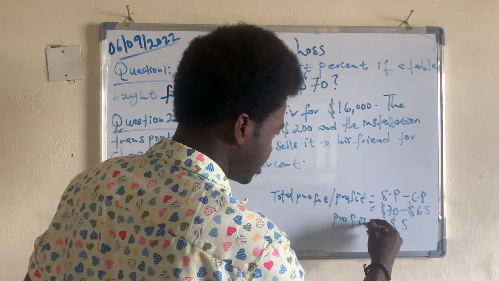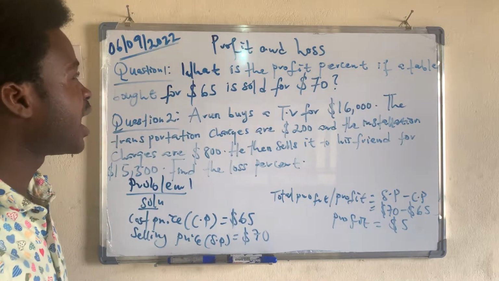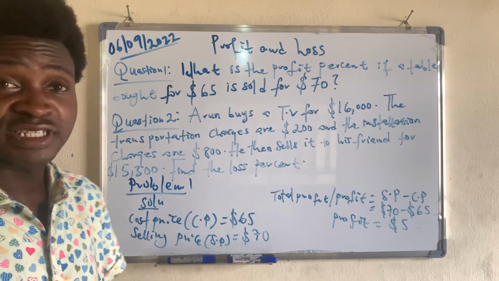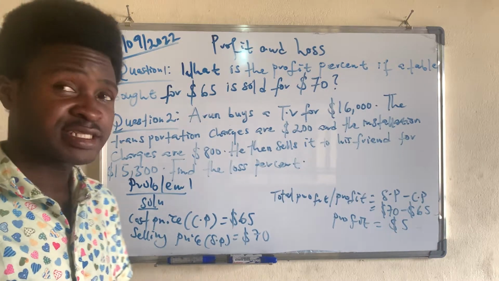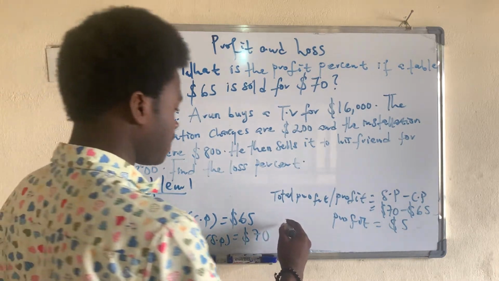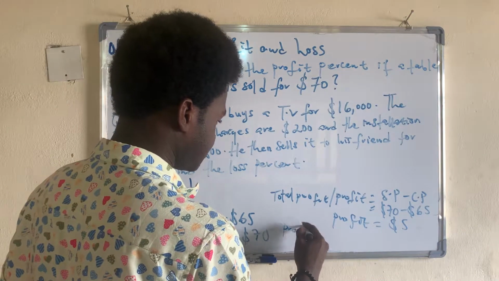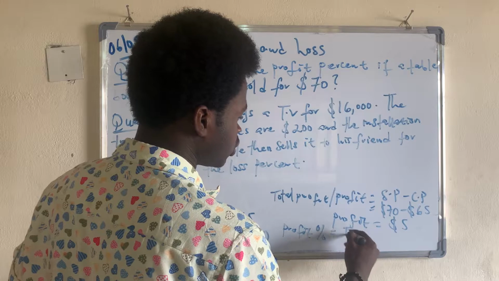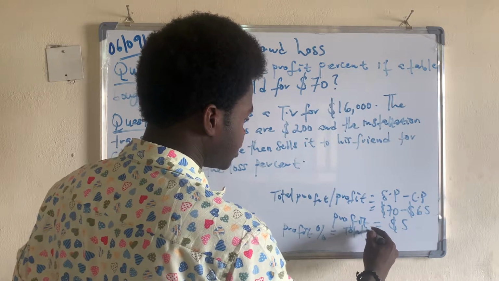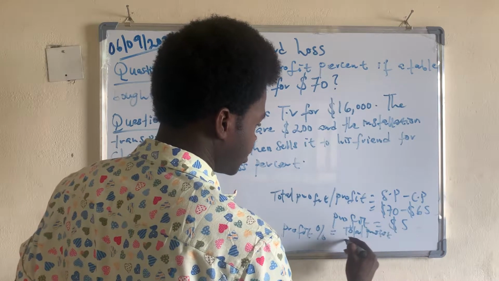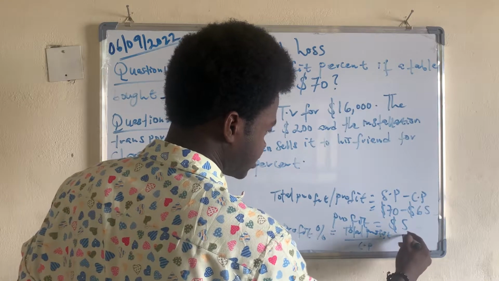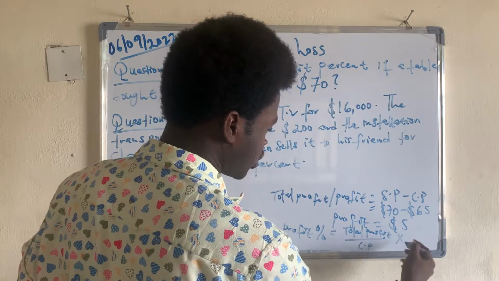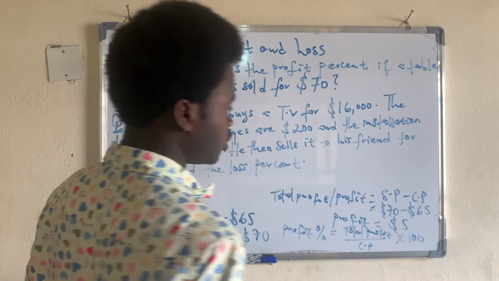Our profit here is $5, but we are asked to obtain the profit percent. So to get the profit percent, we know that profit percent is the total profit over the cost price times 100.